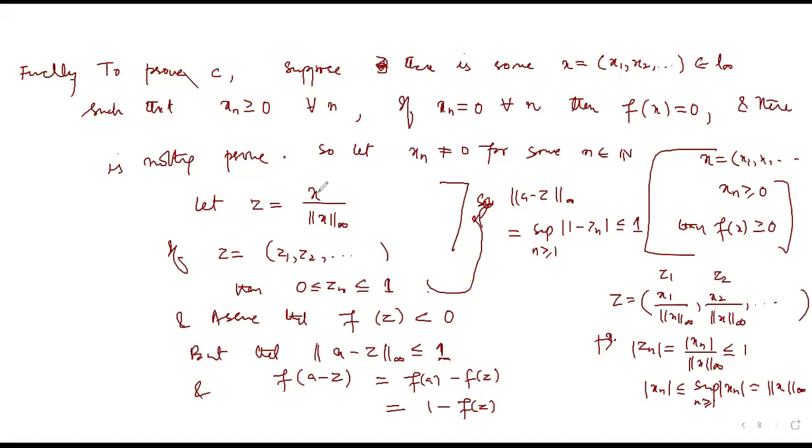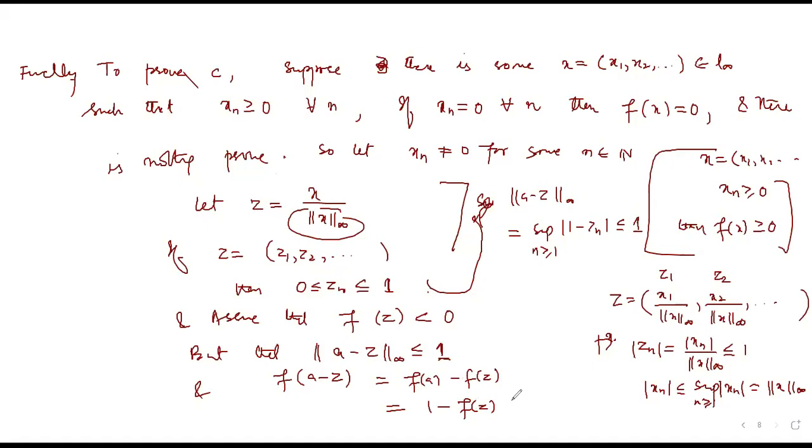I am assuming that f of x is negative. If f of x is negative, then f of z is also negative, because f is linear and the scalar that comes out is non-negative.